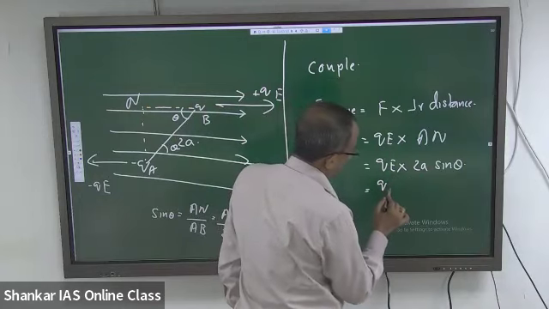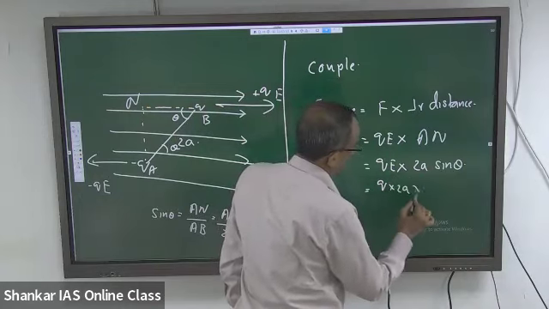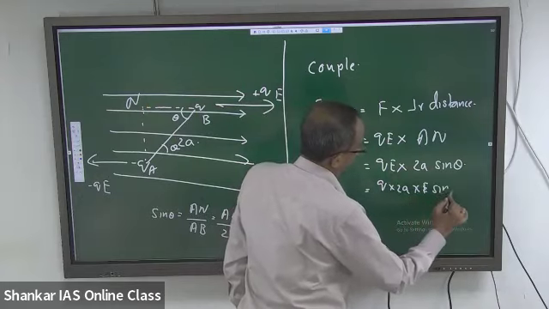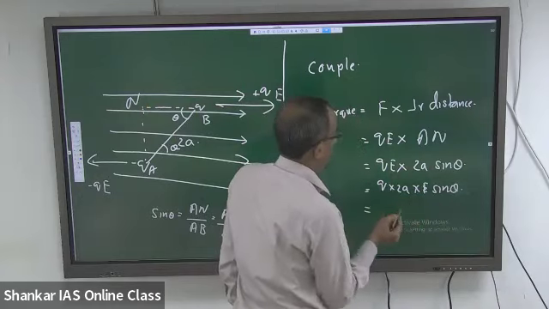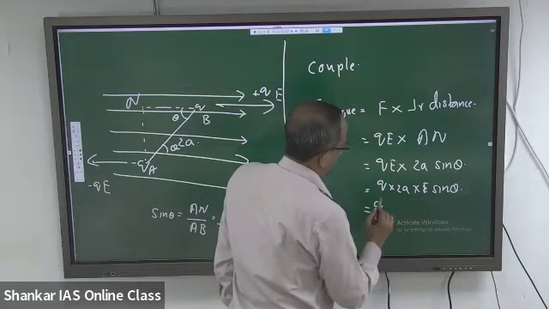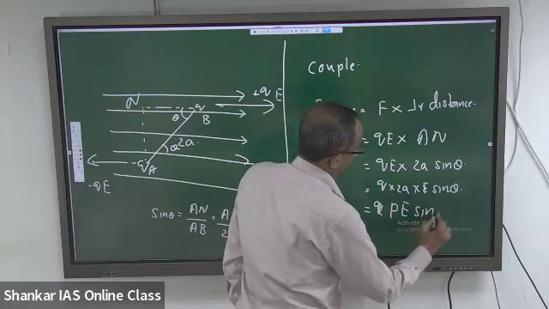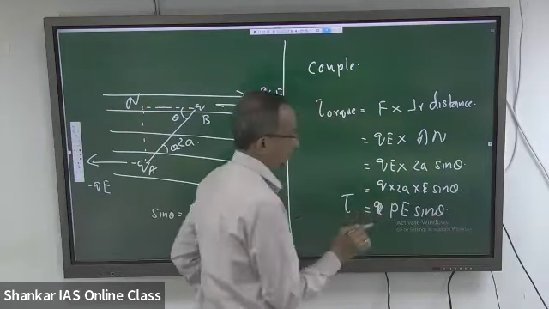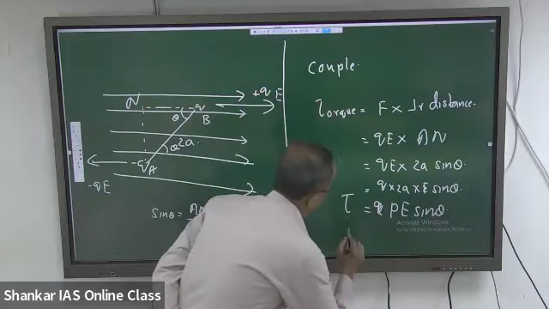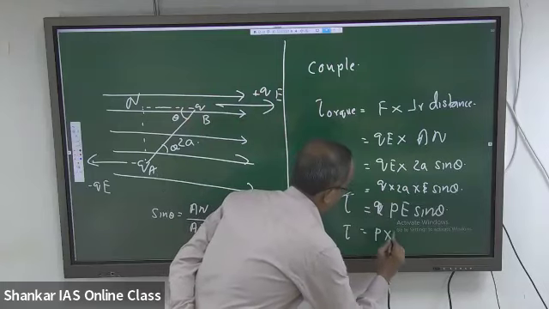This can be written as Q into 2A into E sine theta, which is equal to Q into 2A is P, E sine theta. Torque tau is equal to P E sine theta, or we can write tau equals P cross E.